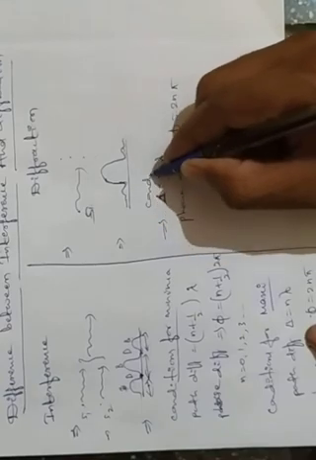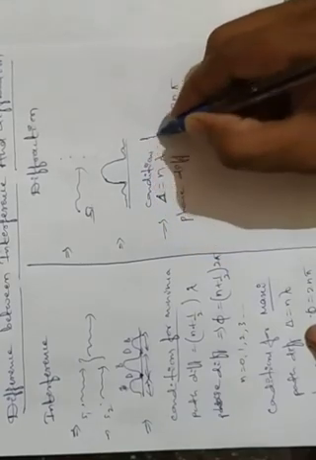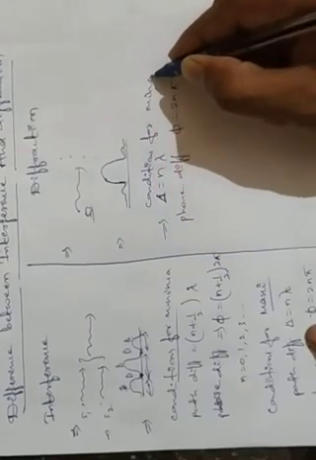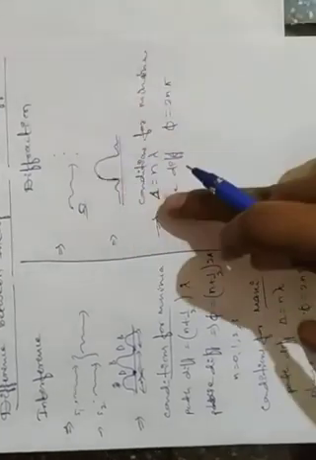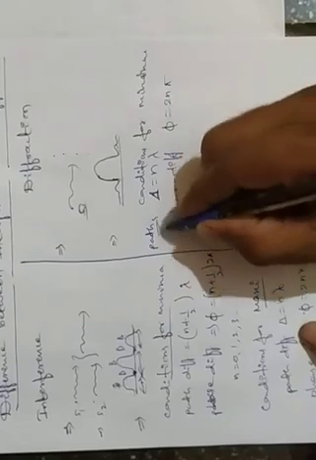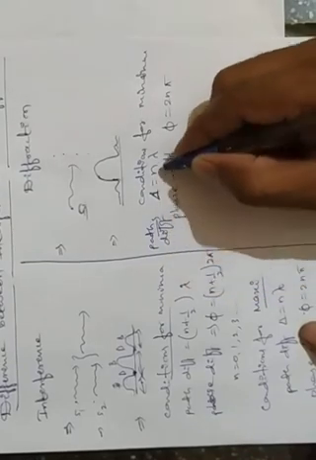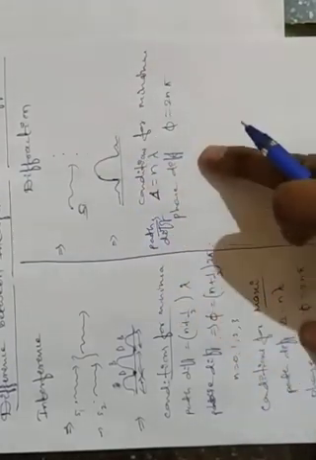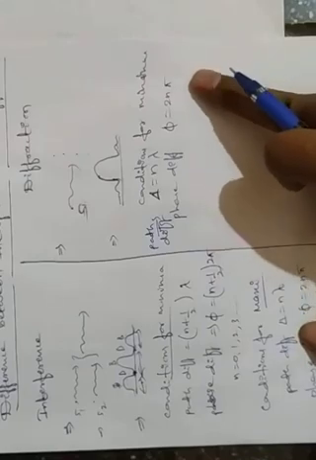So for diffraction, the conditions for the minima are path difference delta equal to n lambda and phase difference pi equal to 2n pi.